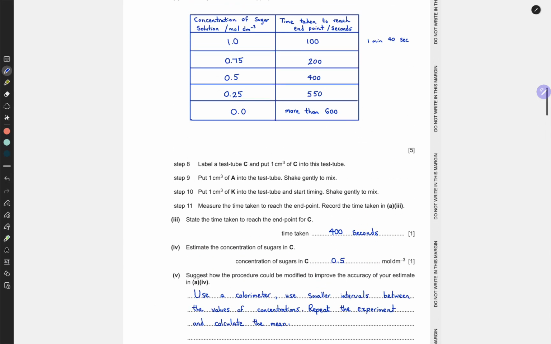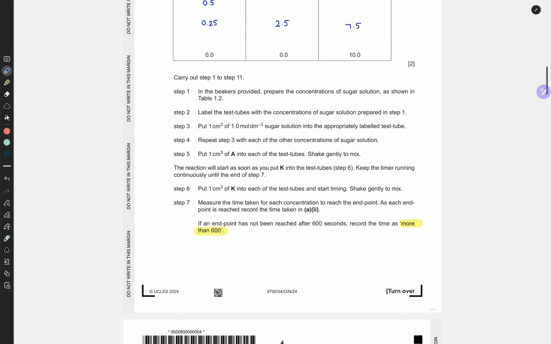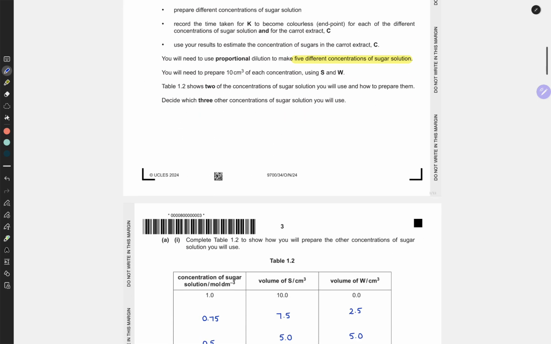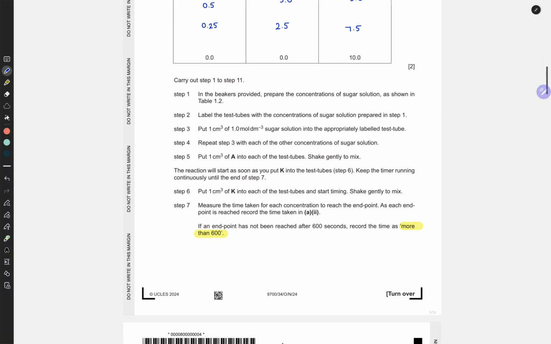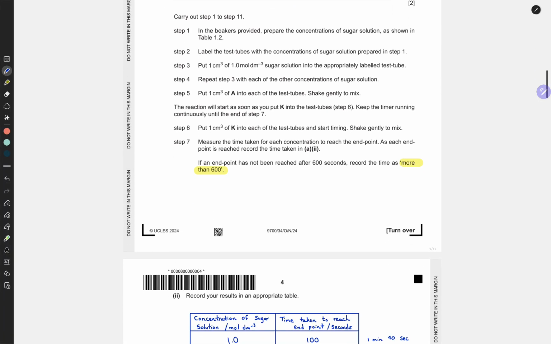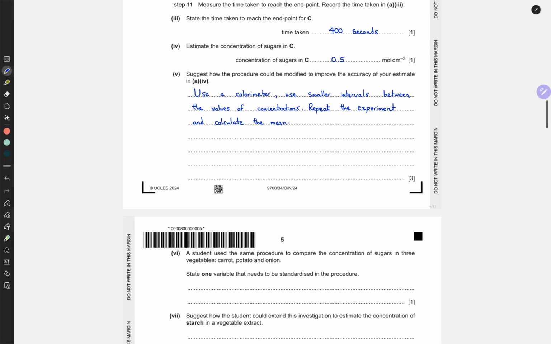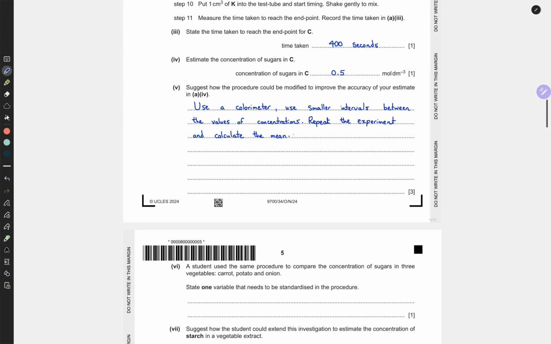Also, one improvement that can work in most of the questions: these steps tell you to do the experiment for all the concentrations all at the same time. So to improve it, you can prepare the experiment for each concentration at a separate time and do it separately.